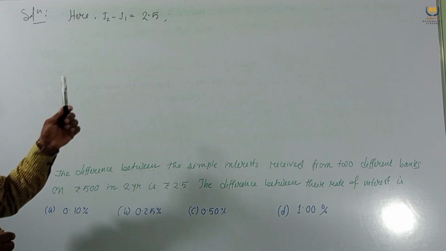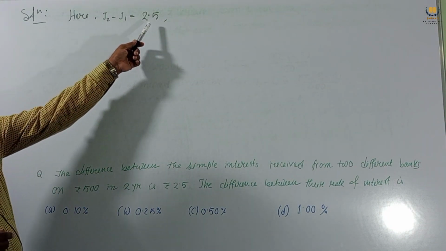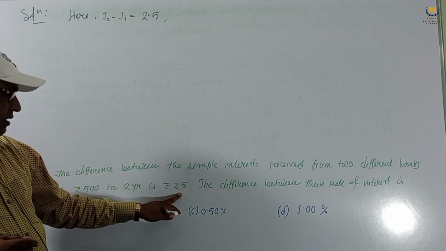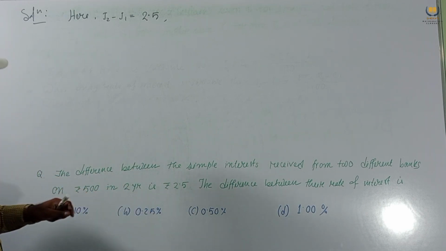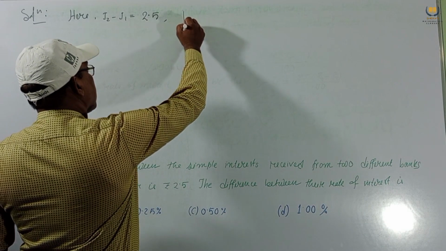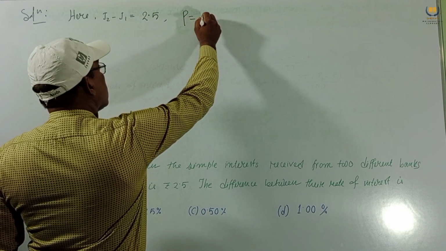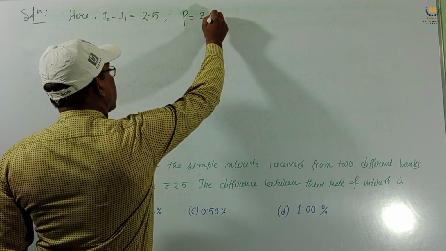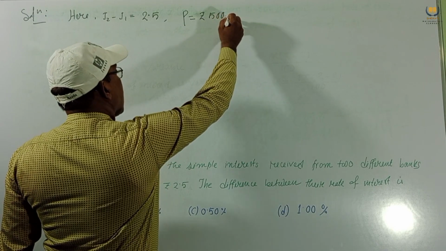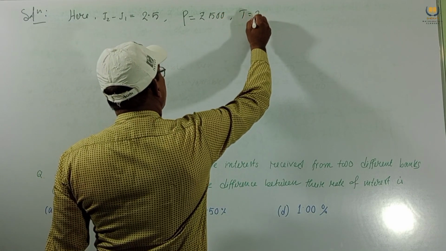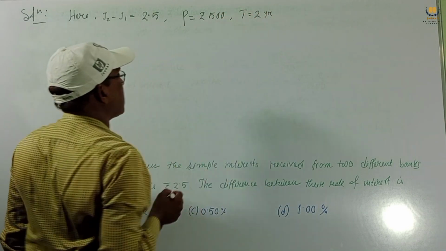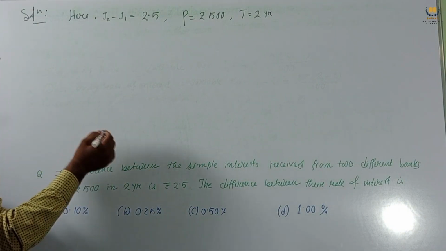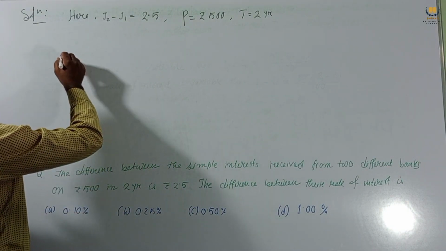P is rupees 500 and T is 2 years. These are given. Now our requirement is R2 minus R1.